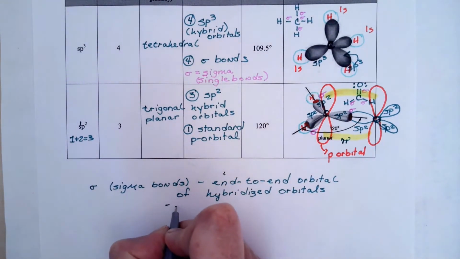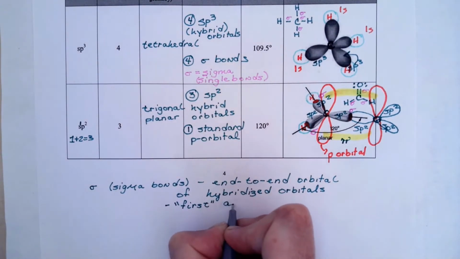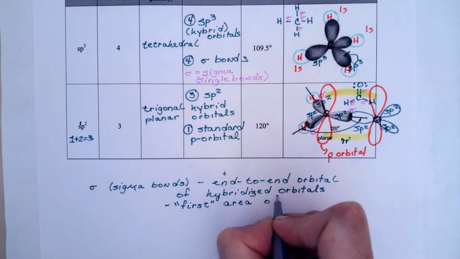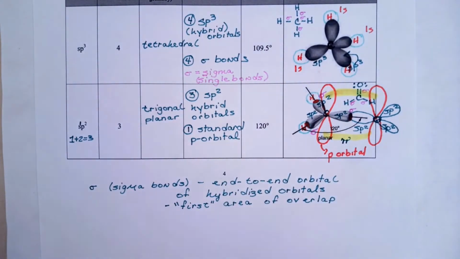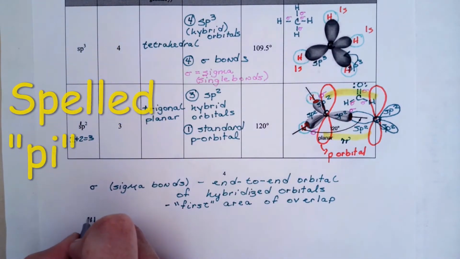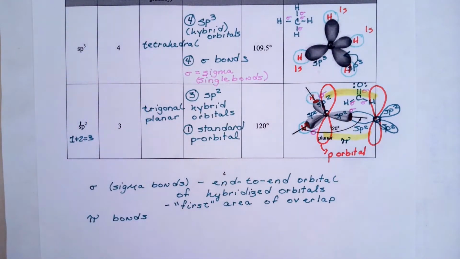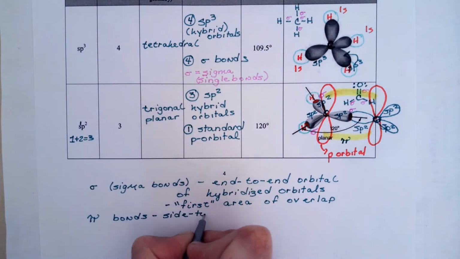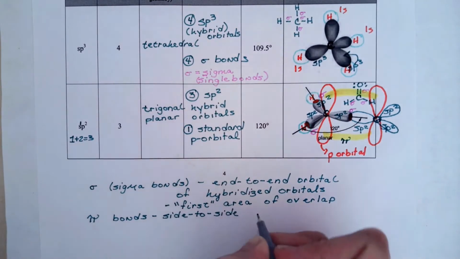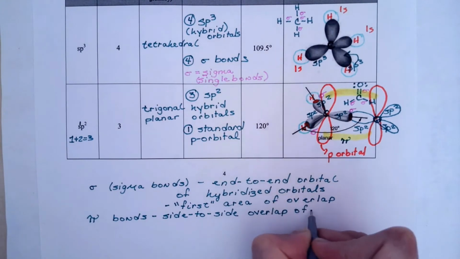This is going to be your first area of overlap. So your single bond, because that's the first area of overlap, or the first bond in a double or triple bond. Then we have pi bonds. And pi bonds are the side-to-side overlap of unhybridized orbitals.